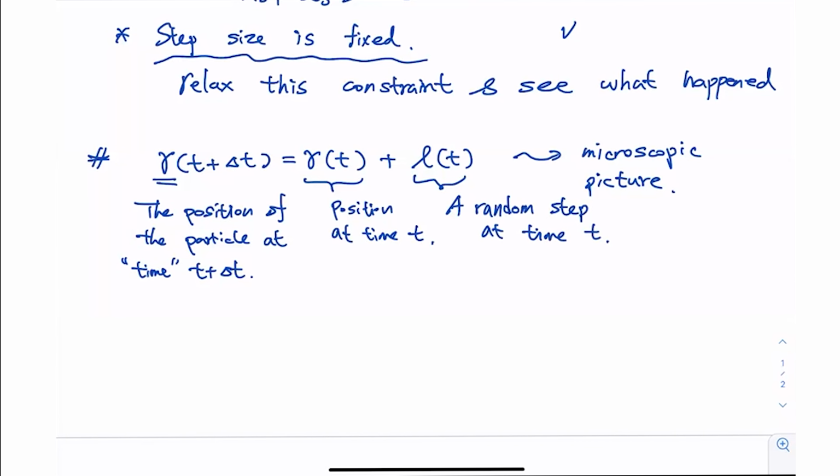So if I draw it, what does that mean? It means that maybe my particle is at some position r at time t.